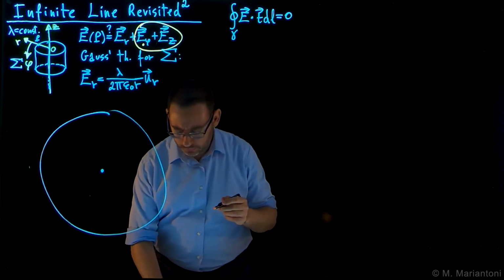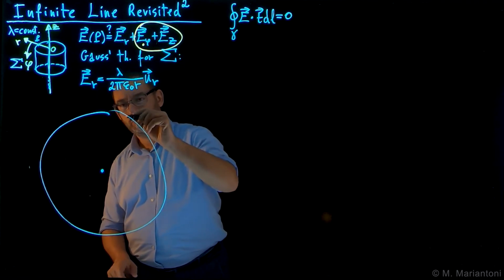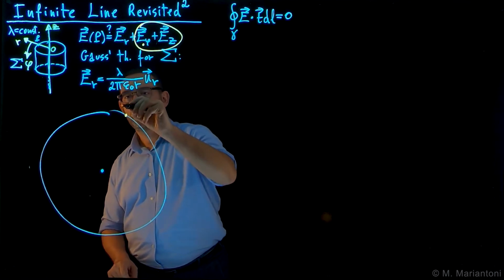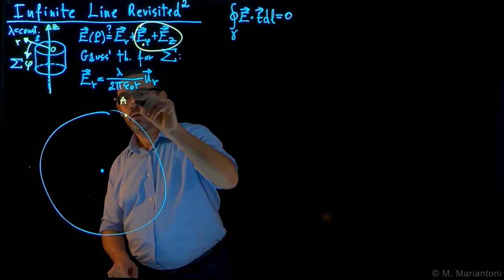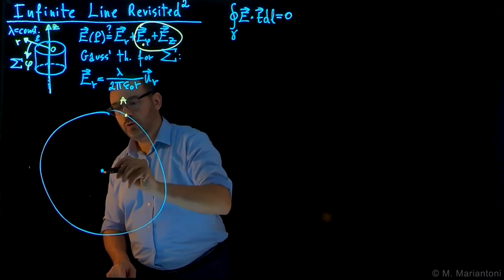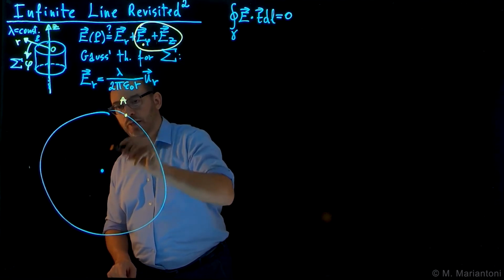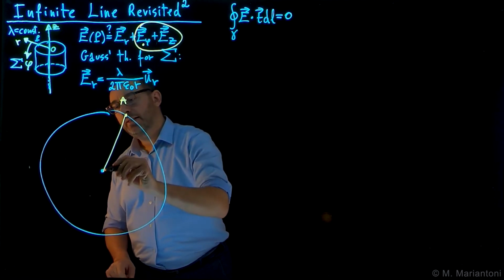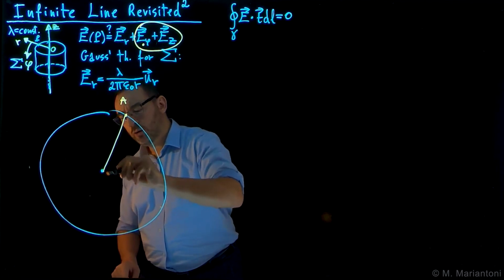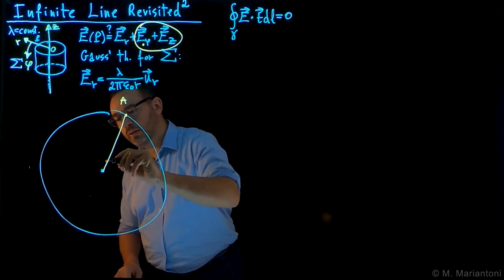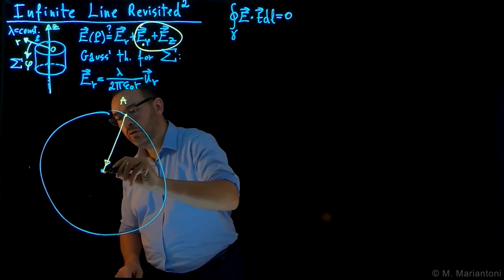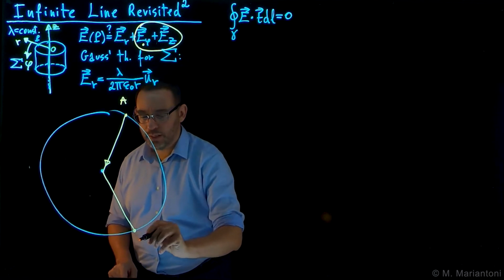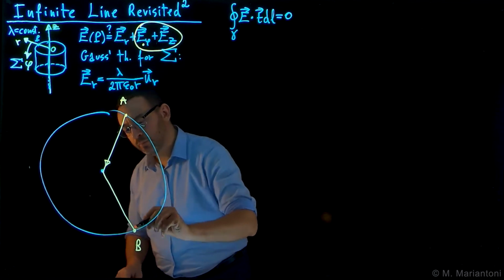We start from a point A here. We go all the way to the trace left by the line along the radius. Then from this point, we go along the radius again, in this direction, to a point capital B down here.